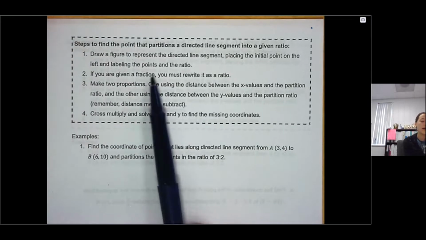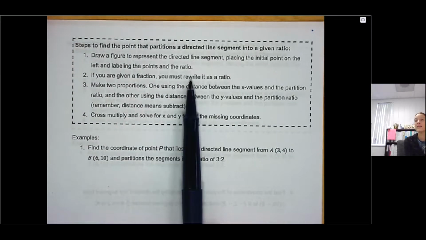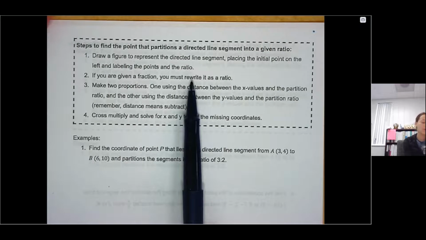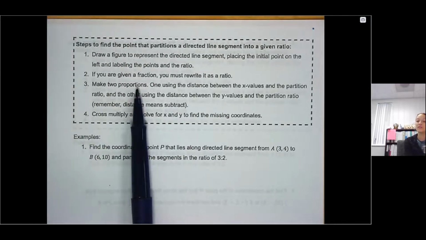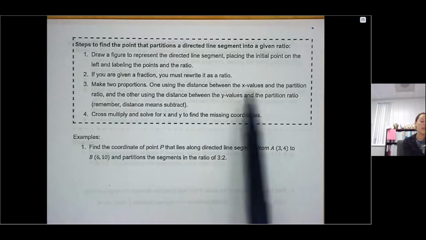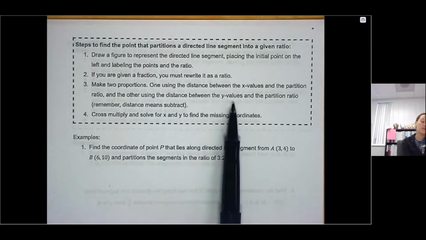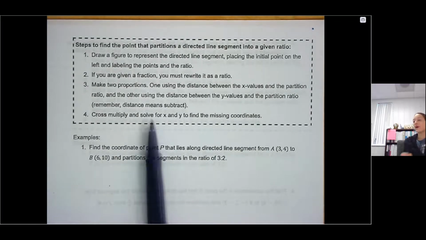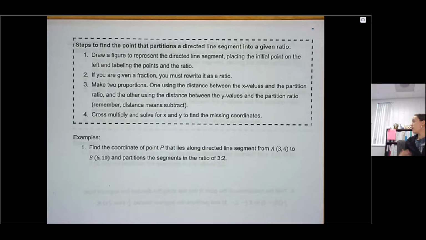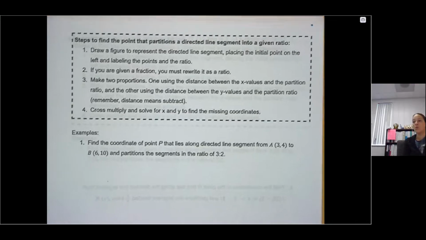If you are given a fraction, you must rewrite it as a ratio. That's the second step. Third step, we're going to make 2 proportions or 2 fractions. One for the x values, one for the y values. And then we're going to cross multiply and solve for our x, cross multiply and solve for our y, just like we did in our warm-up.